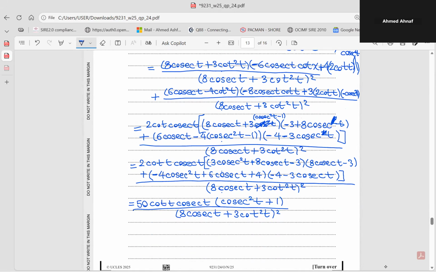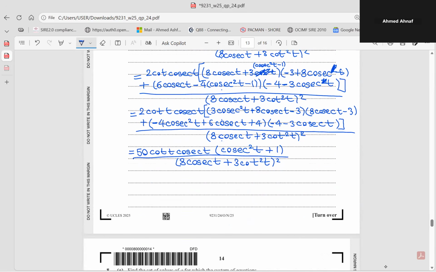So this is d/dt of dy/dx. To get our final expression, you just divide by dx/dt.